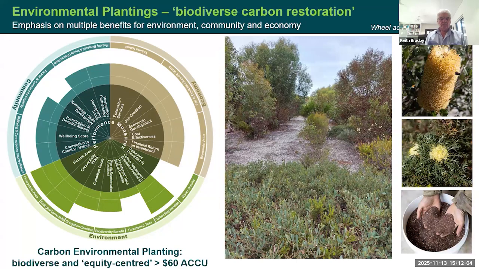However, there is the potential with environmental plantings to quite specifically go after some of those multiple benefits as well. So we might quite specifically look to enhance connectivity and condition, and that's where we need to bring in a whole lot more diversity and structural considerations in the plantings that we undertake.